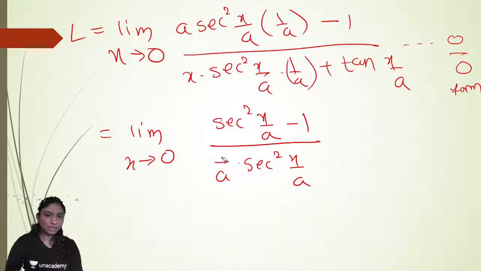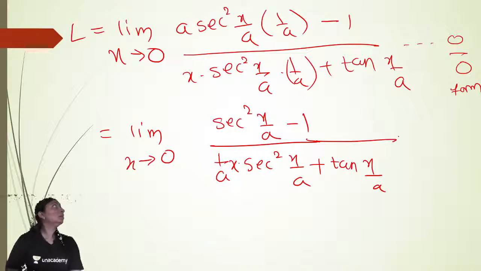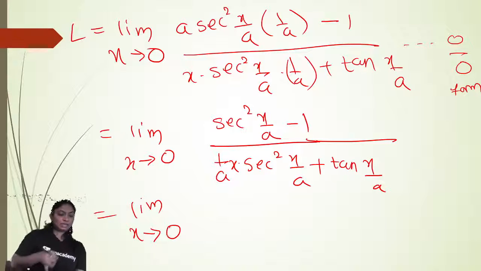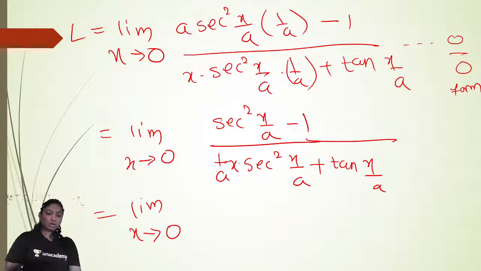Or 1 by a into sec square x by a plus tan x by a, right? Plus here tan x by a. So you will get limit as x tends to 0, sec square x by a minus 1. So here is sec square x by a minus 1.